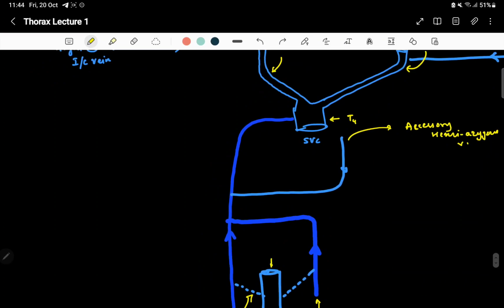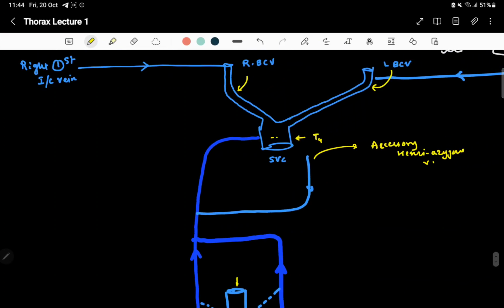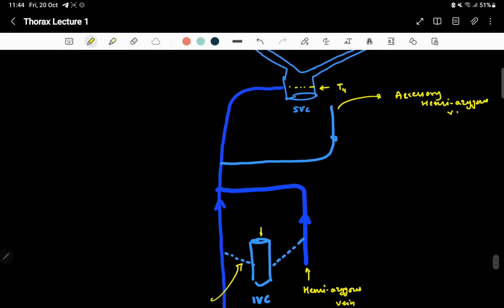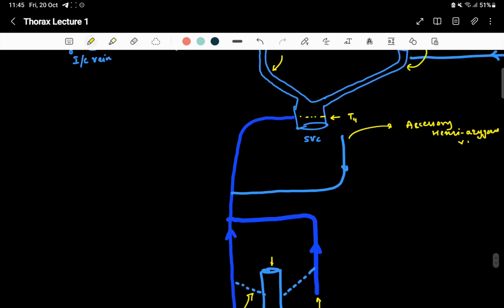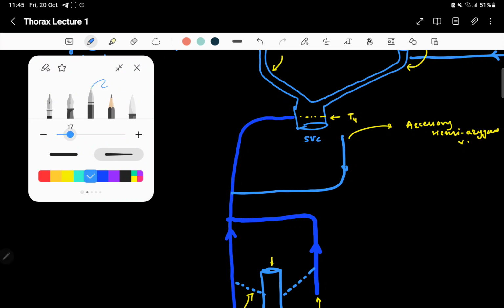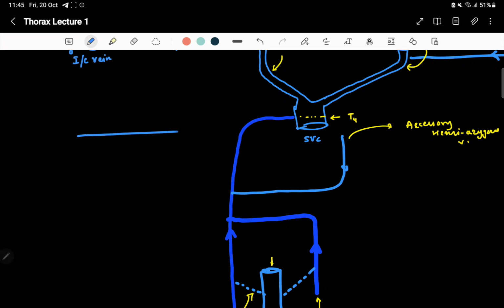Then we have a few branches. This is the T4 level, the point where the azygous vein drains into your superior vena cava. Let me draw another branch first. A branch is there like this and two other branches from this.